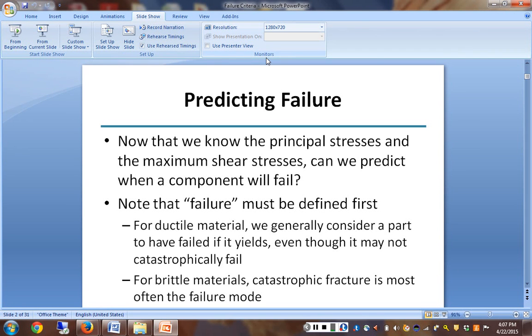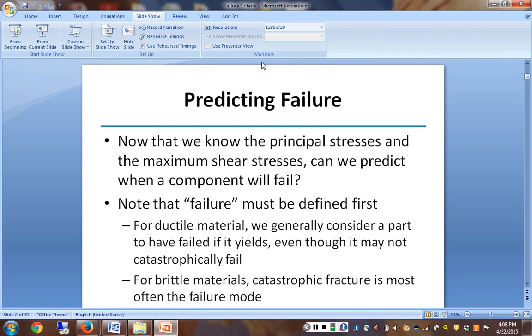Brittle materials, on the other hand, chalk, concrete, different types of polymers, brittle failure often is a catastrophic, crack, pow, boom. Ductile materials, metals, it's usually just if we get to this yield strength and a little bit of math.